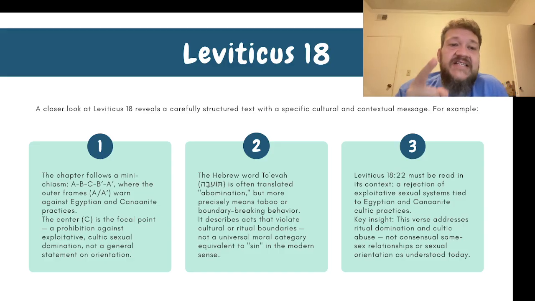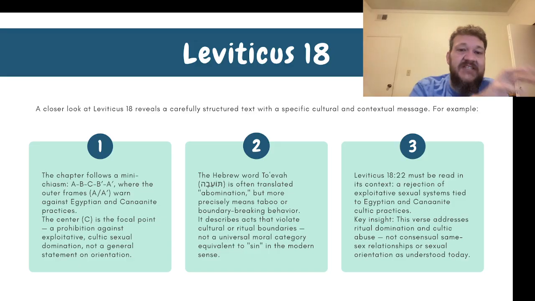It is addressing ritualized sex, hierarchical sex of one person bringing humiliation to someone else, or one person forcing themselves on these slaves. And then it was addressing pagan sexual systems, telling them that they needed to stay separate to keep their cultural identity separate from these other nations.